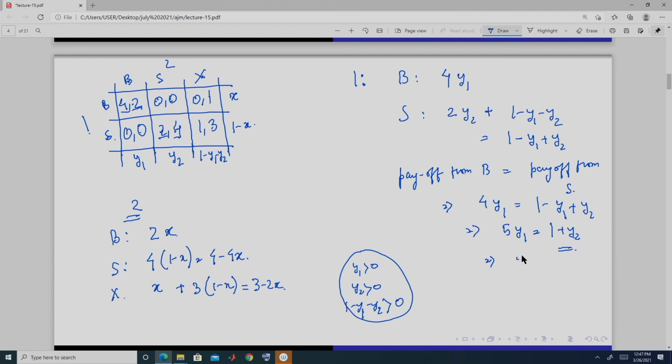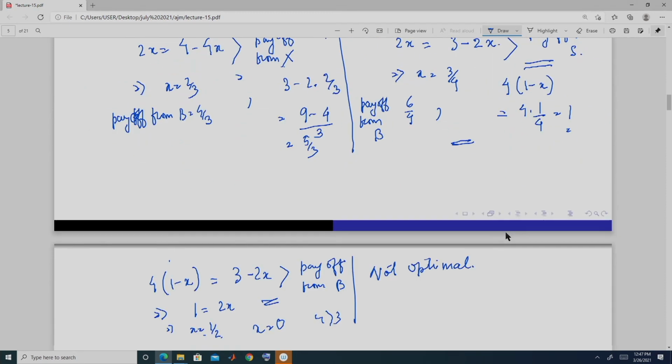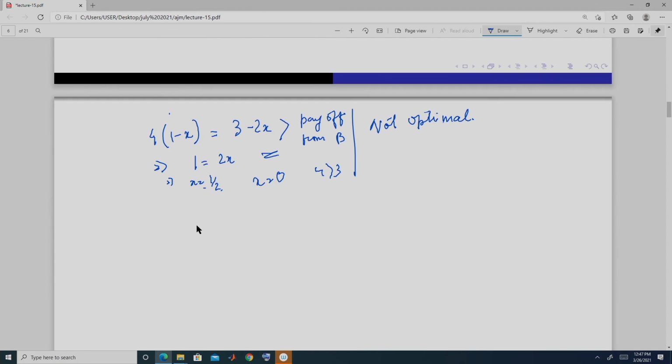So, it means that Y1 is equal to 1/5. So, what is going to be our mixed strategy? Mixed strategy for player 1, that is X is going to be 3/4, and for player 2, Y1 is going to be 1/5, Y2 is going to be 0.